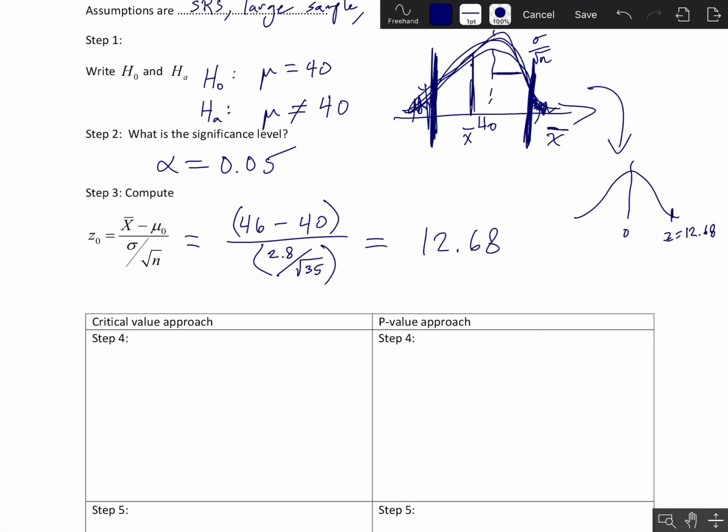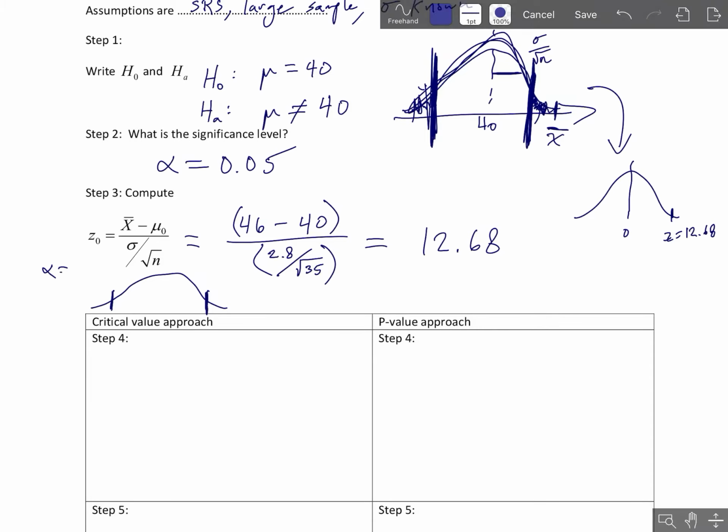If instead x bar lived somewhere in the middle, like if x bar lived there, then we would accept or not reject the null hypothesis. So if x bar is pretty close to 40 like this, then we wouldn't be rejecting the null hypothesis. But if x bar lives way out here, past the critical values, then we would reject the null hypothesis.